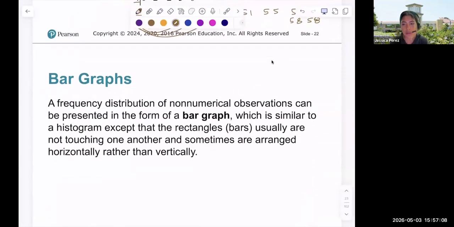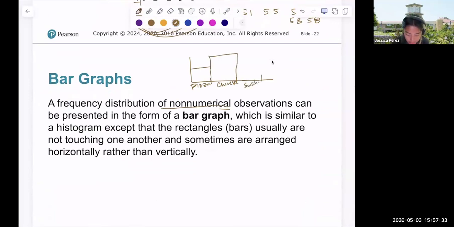We are also going to look over bar graphs. Most of you are familiar with that type of graph. So a bar graph is a frequency distribution of non-numerical data. For example, if I'm looking at the classes that represent food. So let's say pizza. How many of you like pizza? How many of you like Chinese food? How many of you like sushi or so on, right?